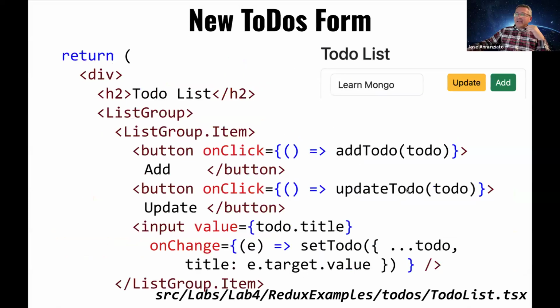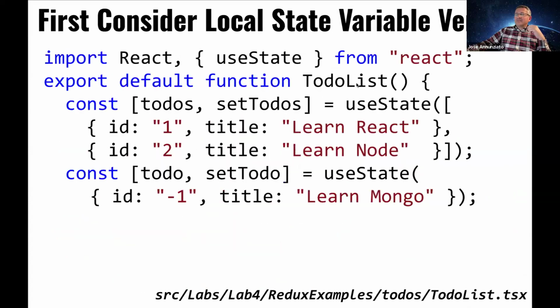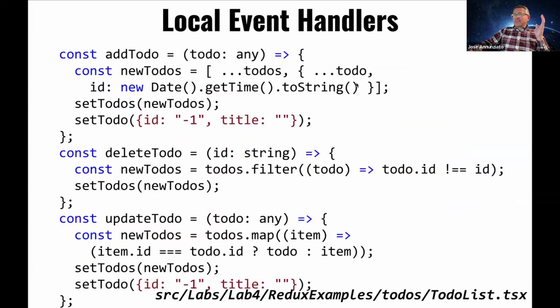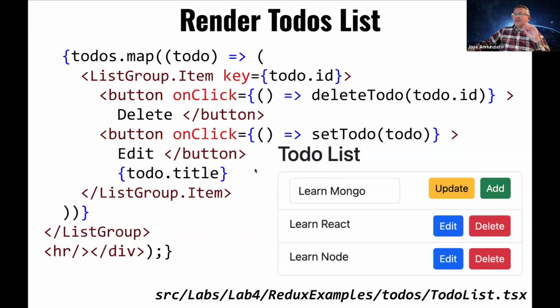So having it all implemented in one single to-do list component might make no sense. It might make sense to break this out into its own component and maybe break this out into its own component.